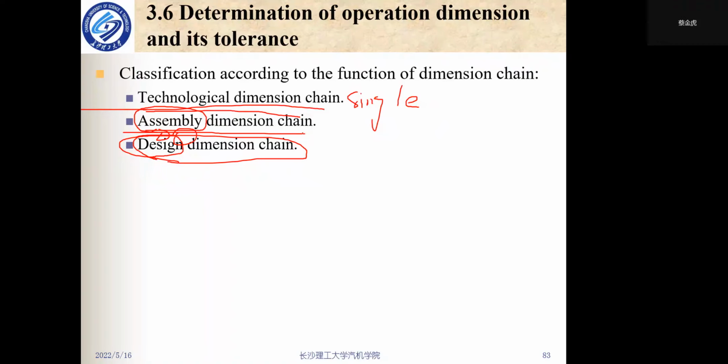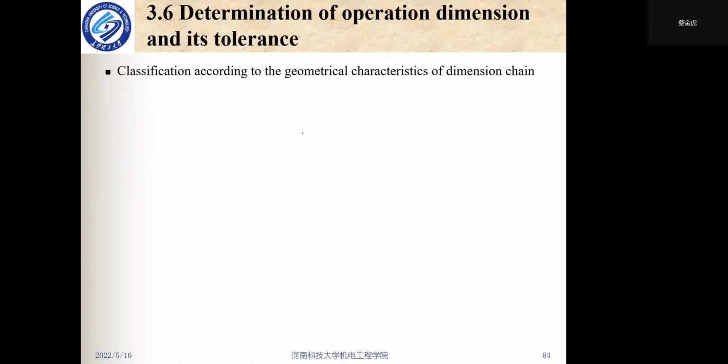And the second is classification according to geometrical characteristics of the dimension chain. The first one is the length dimension chain.